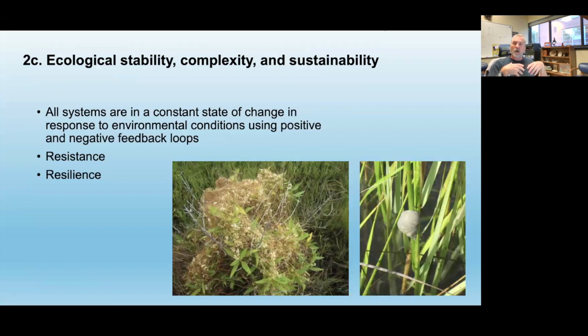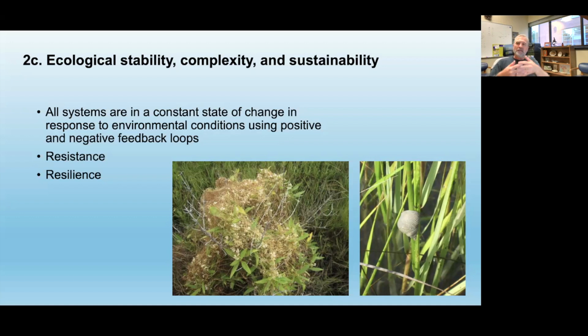So I talked a little bit about this, right? All systems are in a constant state of change. And there's a wide array of things that could be considered intermediate disturbances. But even just normal day-to-day things that happen in any given environment require the living organisms in those environments to adjust, right? And this occurs through a whole variety of different positive and negative feedback mechanisms.